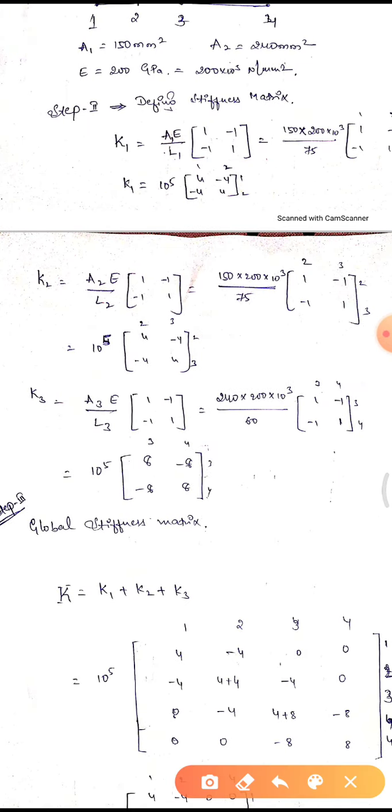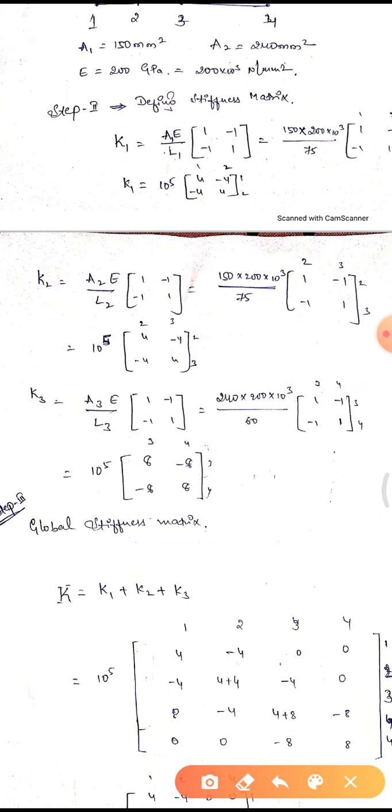In the K2 matrix, we don't have any first row, we have the second row here. We don't have the first row, so we need to eliminate it. Similarly, in the third stiffness matrix we don't have a first row, so we go for K1, where we have first row, first column, that is 4. That's what we have written in this format, that is 4 here.